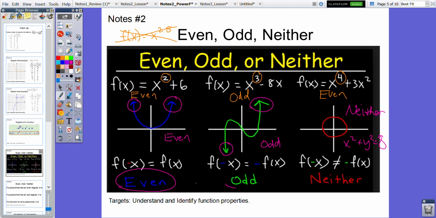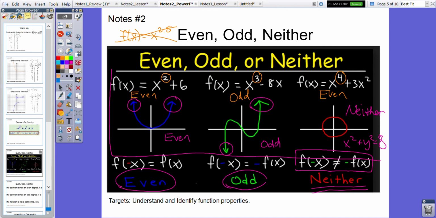That's a way we can tell that it is odd. But if we end up with something like this where we plug in a negative number and it doesn't equal that, it would be considered neither. Personally, I don't like using that just because it can get confusing, so I prefer using the first two ways that I showed you, either by looking at the function itself or its graph, and that is the easiest way you can tell if it's odd, even, or neither.